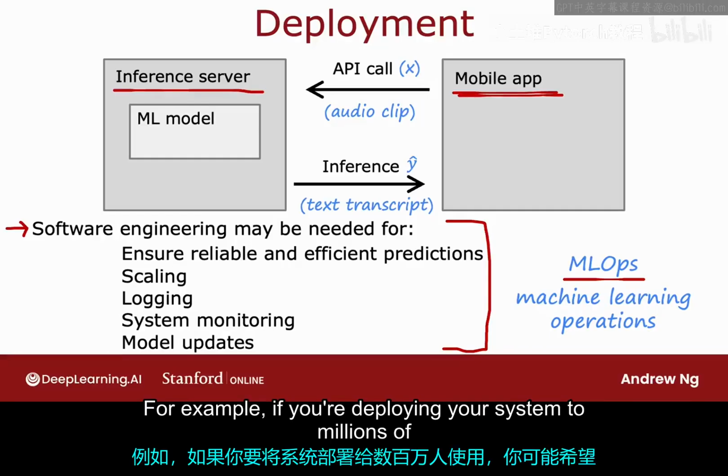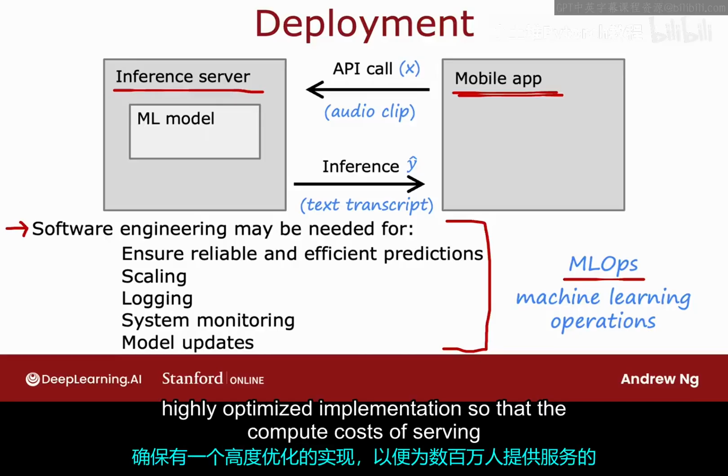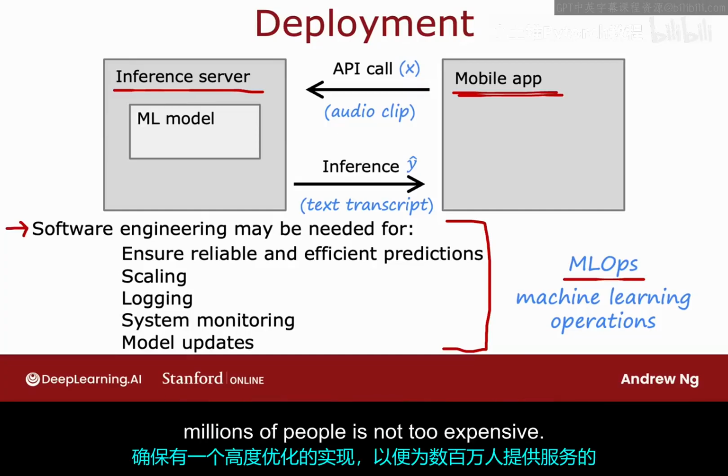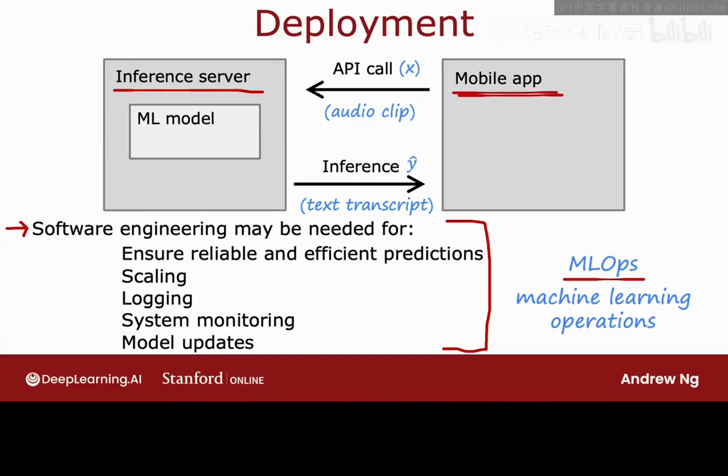For example, if you're deploying your system to millions of people, you may want to make sure you have a highly optimized implementation so that the compute cost of serving millions of people is not too expensive.